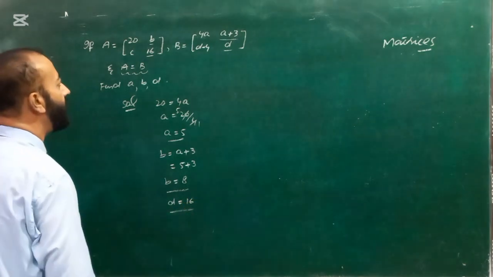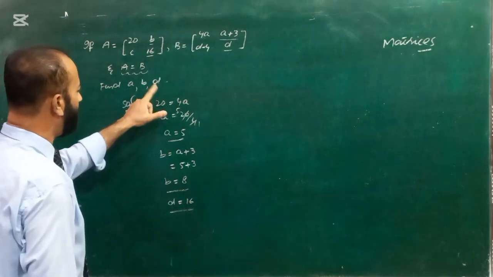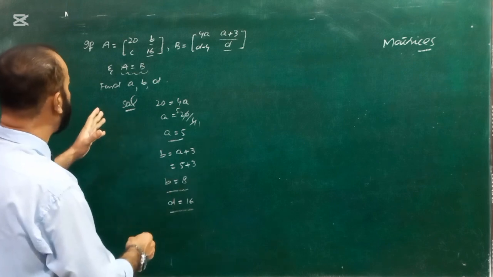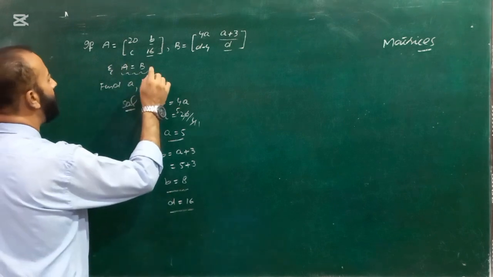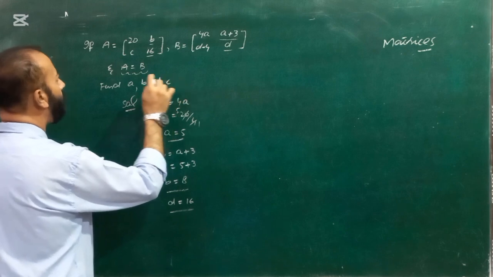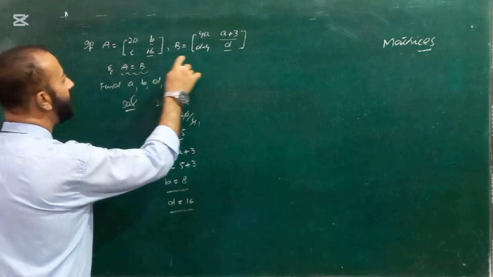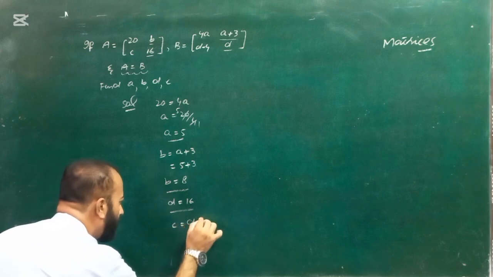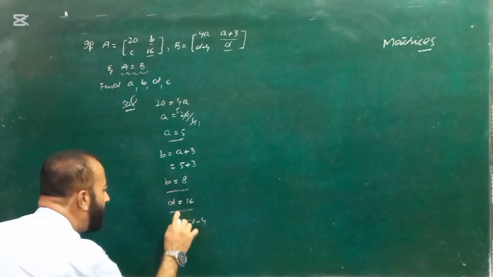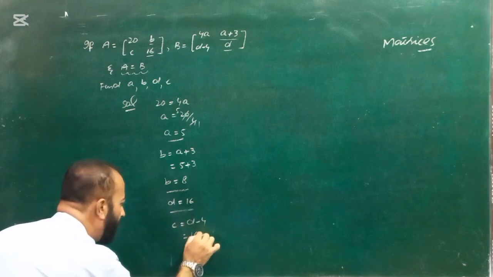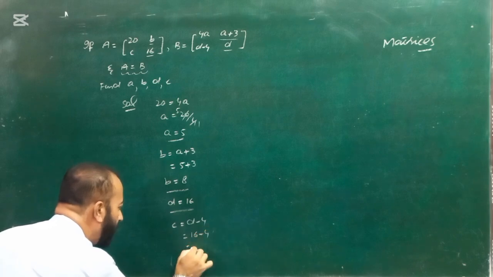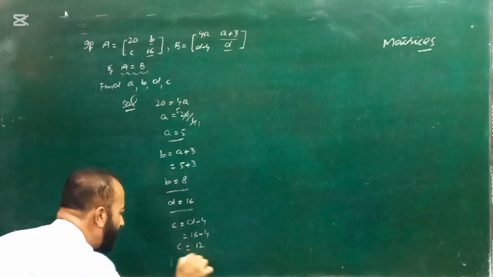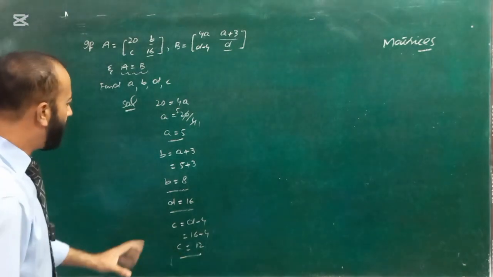So this is another alphabet that is done. And the last one is C. C is also required. From here you can see C is equal to D minus 4. D's value is 16, minus 4 is still there, and 16 minus 4 will be 12. So C's answer is 12. So these are the answers.